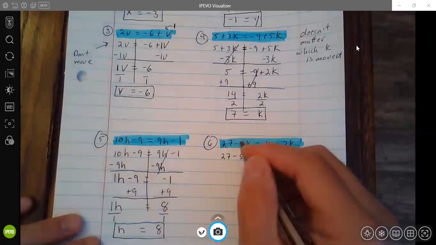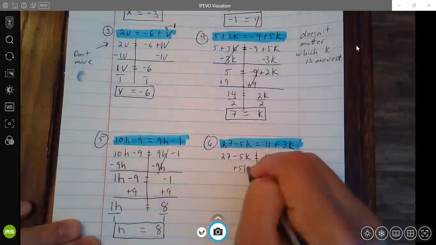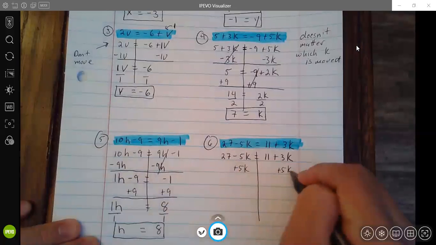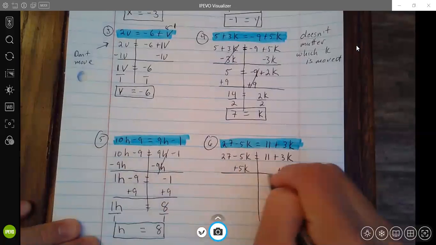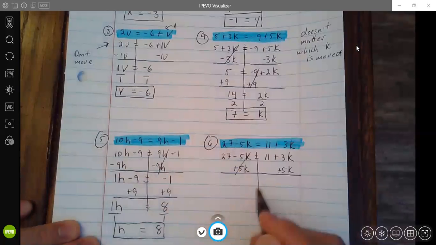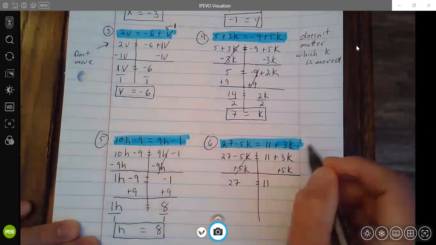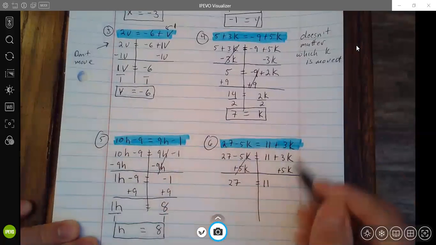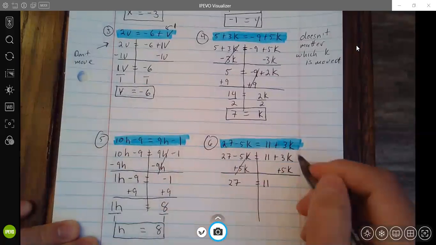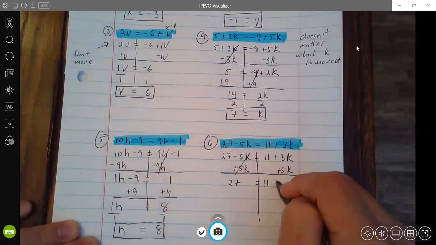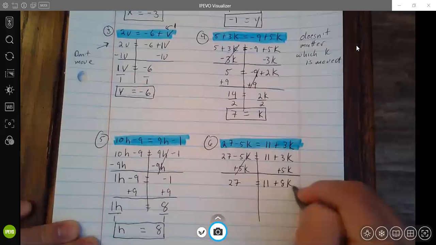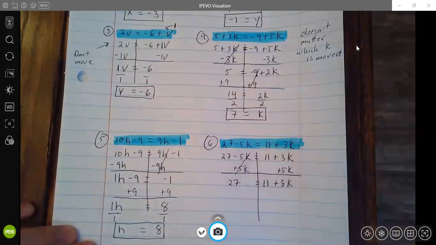So I'm going to do plus 5k, plus 5k. So I just have the 27 left over. Bring down the 11. I have 3 plus 5, which is a positive 8. So I have 11 plus 8k on that side.